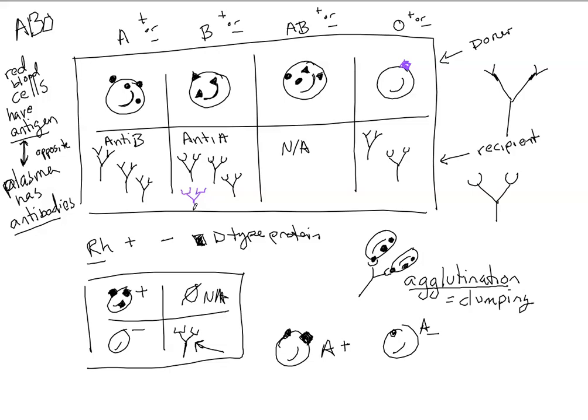We're going to always assume the anti-D antibody is there to be safe. So can this person donate to this person? The answer is no. Somebody with a positive Rh factor cannot donate to somebody with a negative Rh factor.